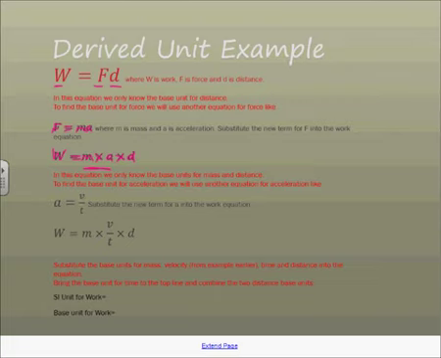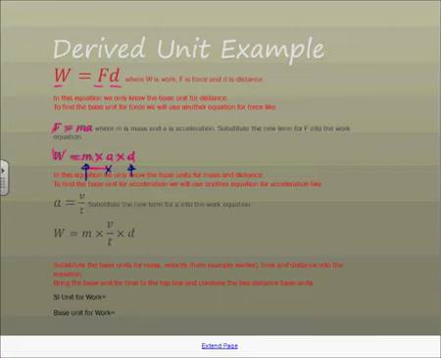Now, unfortunately, we've now got, well, not unfortunately, but it's getting better. We have mass there, which is a base quantity. It's got a base unit associated with it. We've got distance, which has also got a base unit associated with it. But unfortunately, acceleration may be unknown to us in terms of base units.